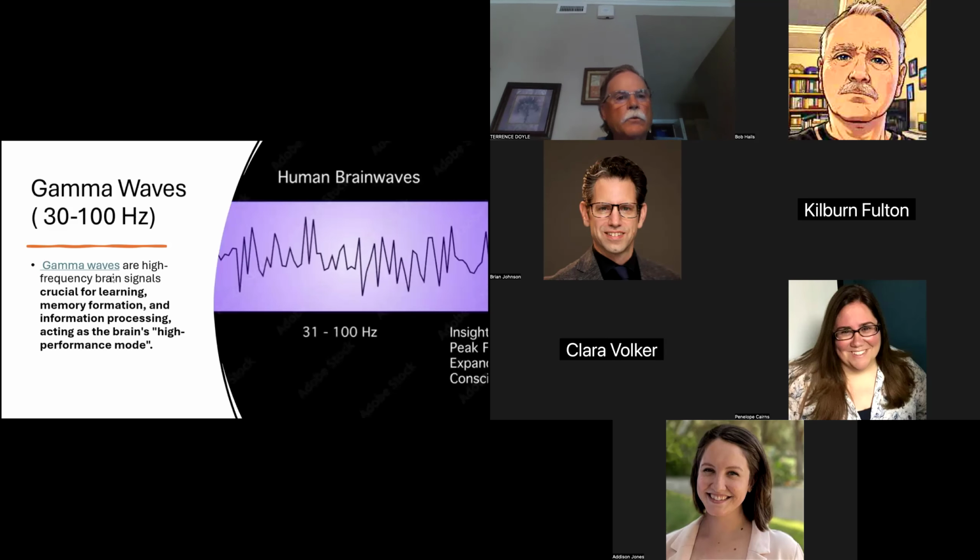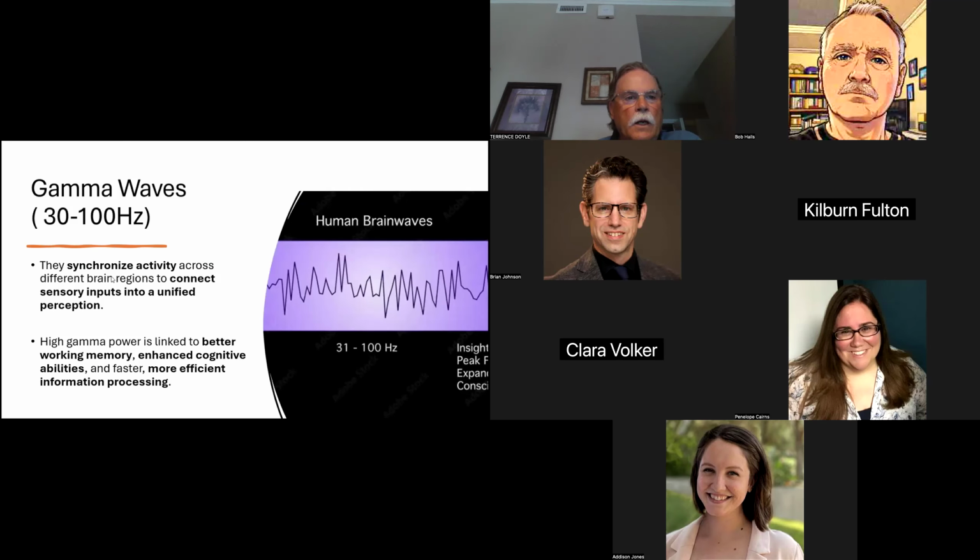Lastly, gamma waves, which have the highest cycle, 30 to 100 hertz, are crucial for learning, memory formation, and the processing of high performance. In other words, the brain is at its best in terms of learning new information when gamma waves are present. They're responsible for synchronizing activity, connecting sensory inputs into a unified perception.